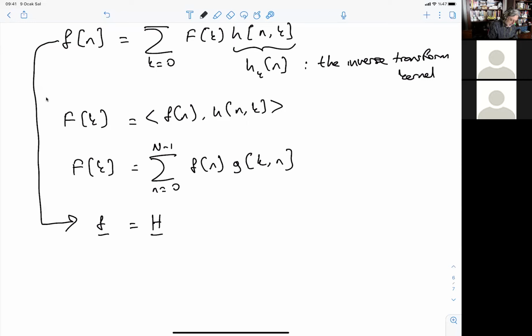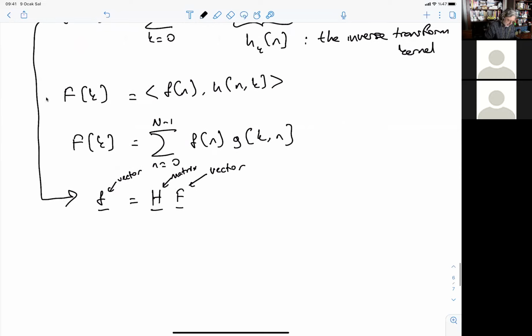And when I multiply that matrix with this capital F vector, usually I use capital letters for matrices and lowercase letters for vectors, but unfortunately, I'm using this one to be a vector, whereas this one is a matrix, and this one is also a vector. With this kind of notation, it's possible to write this inverse transform in the form of this matrix vector multiplication. Indeed, this summation corresponds to a vector matrix multiplication.